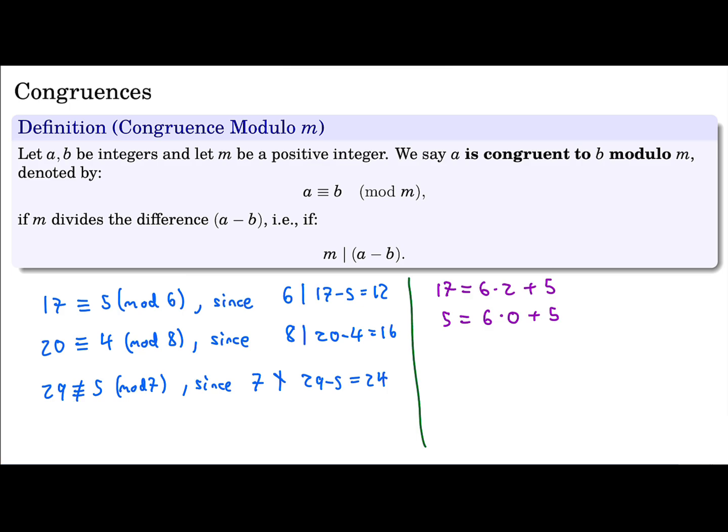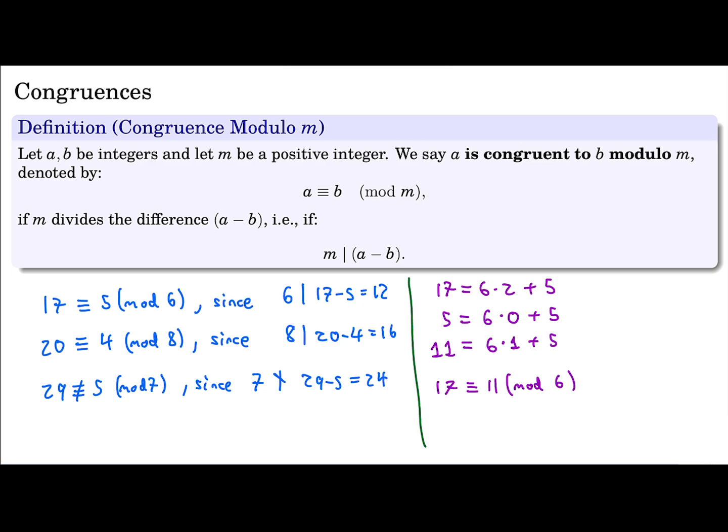Another example is 11, which will be 6 times 1 plus 5. And so this means that 17 is congruent to 11 mod 6.